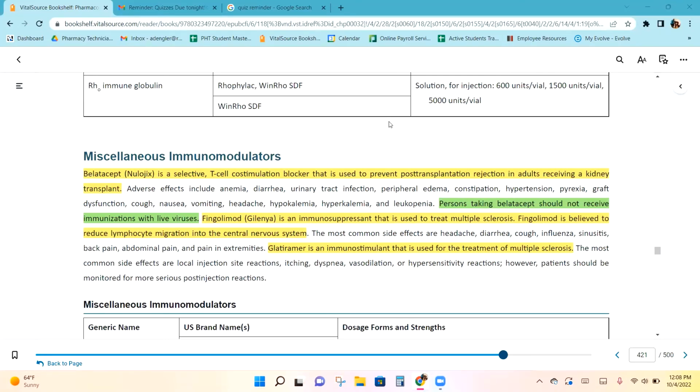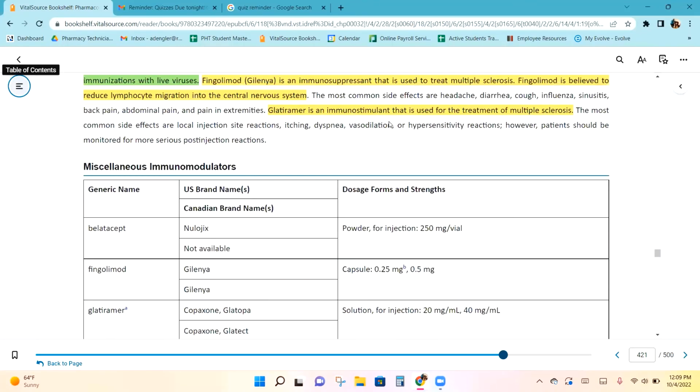Glatiramer is an immunostimulant that is used for the treatment of multiple sclerosis. And the most common side effects from that medication are local site reactions, itching, dyspnea, vasodilation, or hypersensitivity reactions.